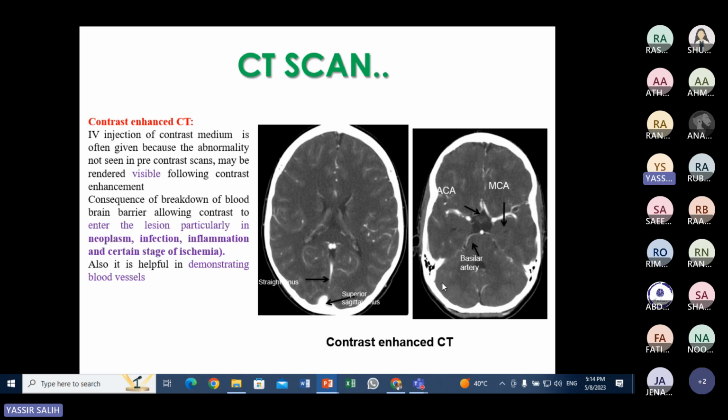So the contrast makes the blood vessels more obvious and helps us in assessment of these blood vessels to exclude arteriovenous malformation, stenosis, or aneurysm. CT with contrast helps us in this assessment.